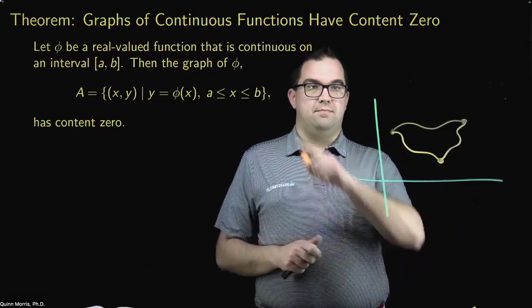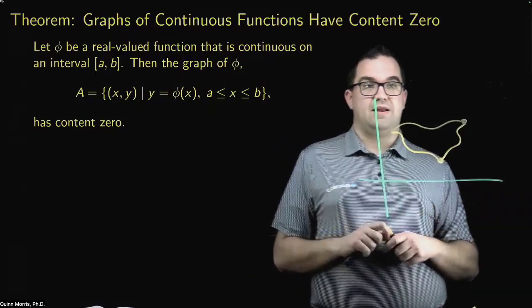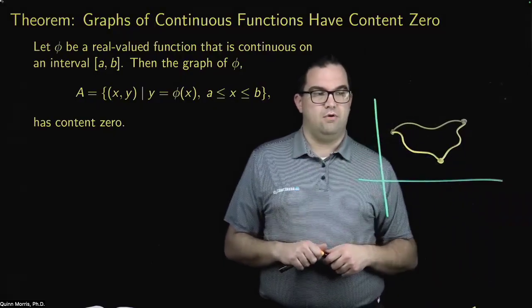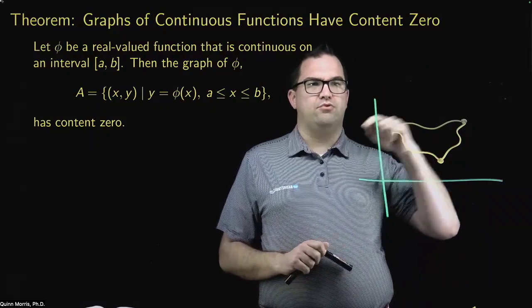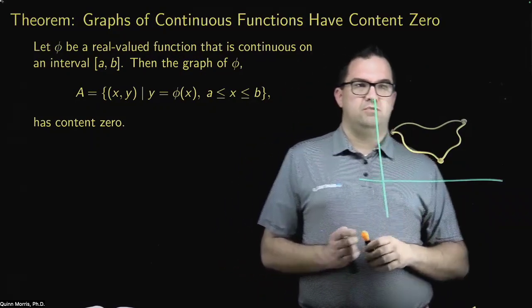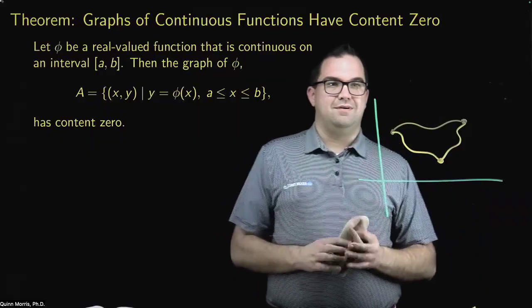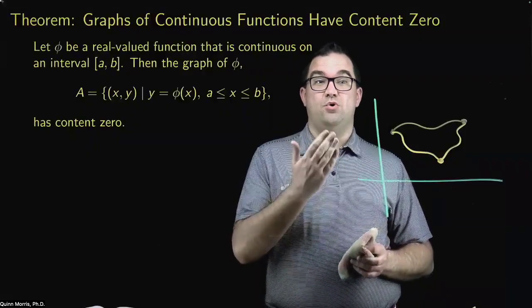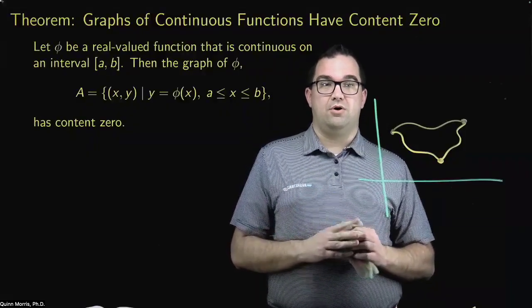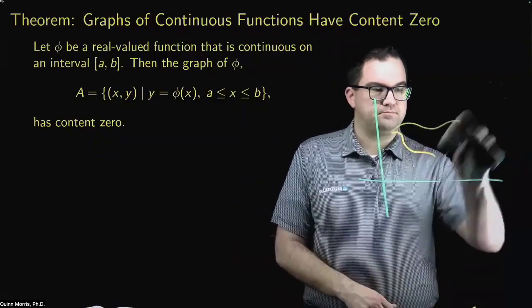Each of them, this theorem says, has content zero, and the finite union of sets of content zero also has content zero. So essentially, as long as your boundary is continuous, you will be in good shape in terms of knowing that your extended function f tilde will be integrable as long as f is also integrable.